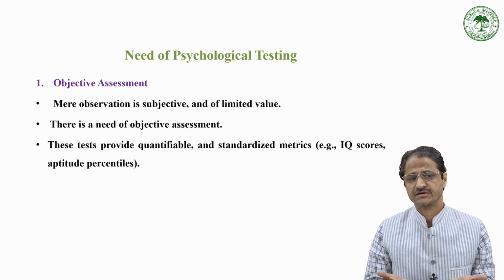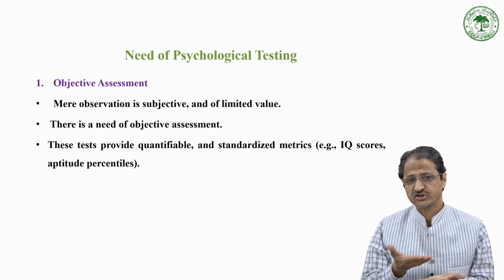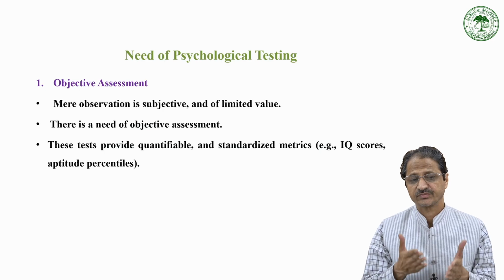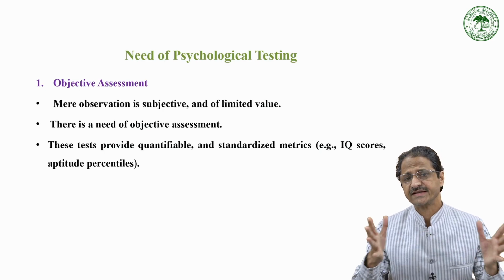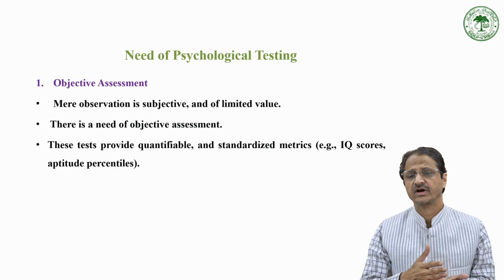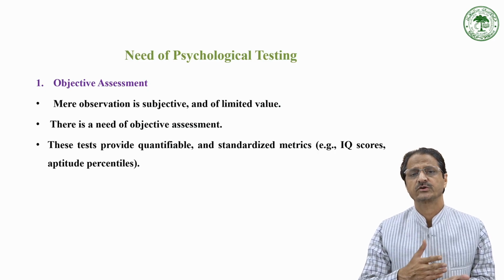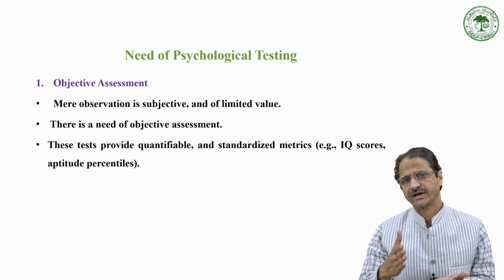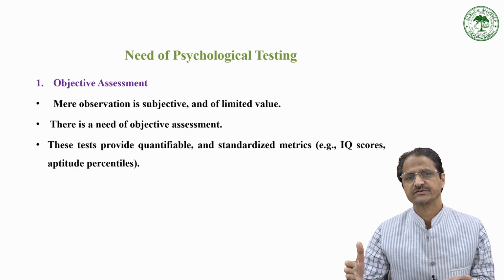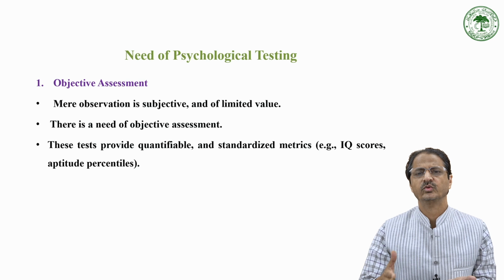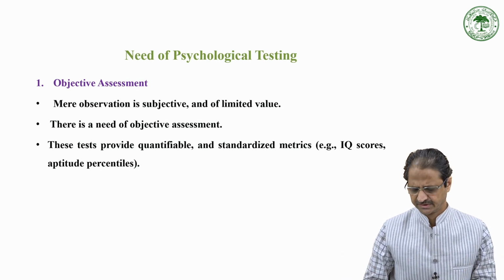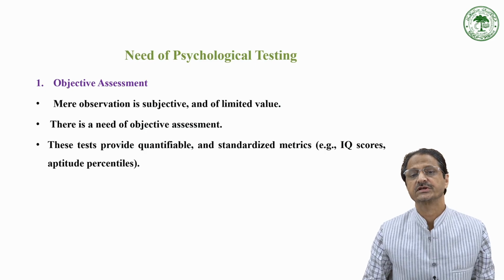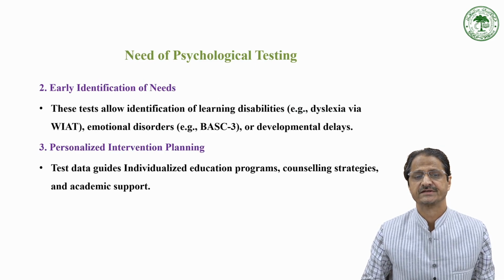They are standard tests. Objectivity is ensured when we are preparing the psychological test, and we can analyze the score in the form of IQ. If we are trying to find out the intelligence of the student, we can categorize the student into percentiles. We can find out the mean, median, mode, correlation and comparison and other aspects. So for objective assessment, there is a need for psychological testing.